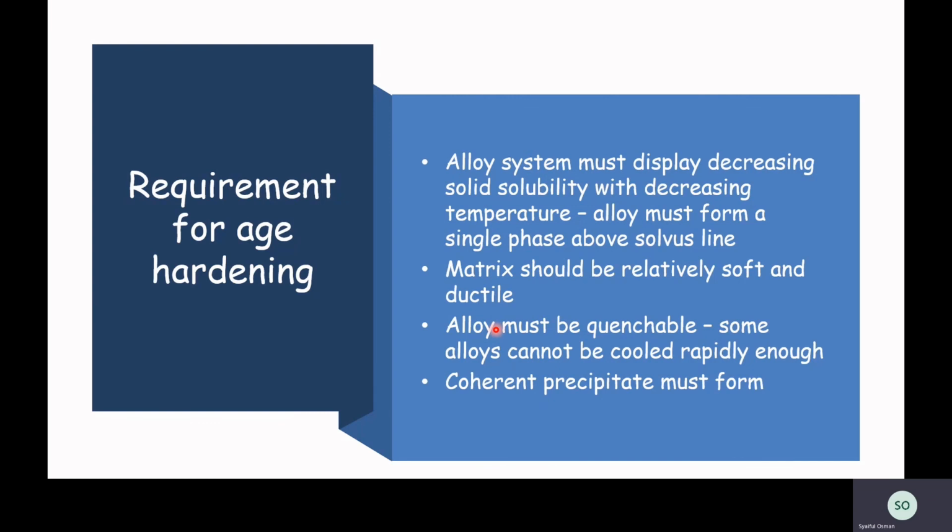Some alloys cannot be cooled rapidly enough to suppress the formation of the precipitate. Quenching may introduce some residual stress that can cause distortion of the part. To minimize residual stress, for example, aluminum alloys are quenched in hot water at about 80 degrees Celsius. And finally, a coherent precipitate must form.